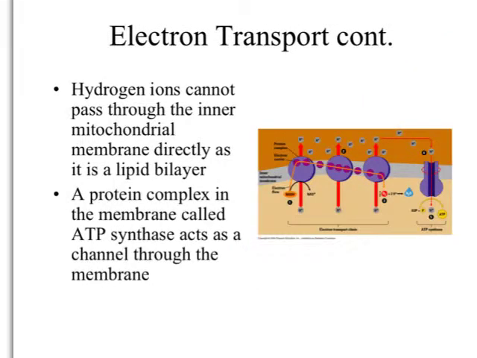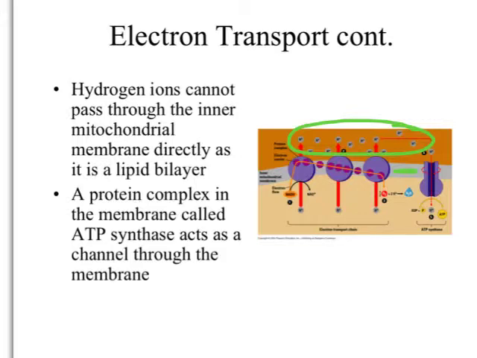All right, so we got a bunch of these hydrogen ions, like we said, on this side that are freaking out. They're high energy. They're like, oh, I need to get out of here. They're claustrophobic or something. They can't stand being on that side. But guess what? They're trapped because they can't just diffuse through the lipid layer here. So what has to happen? Well, we have to have a protein complex within that lipid bilayer of the membrane in order for the hydrogen ions to slip through.